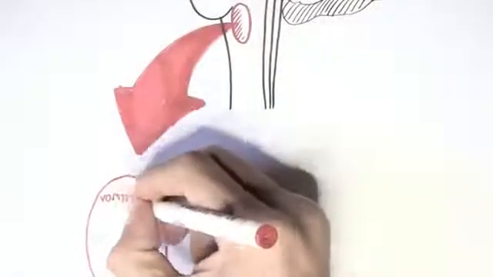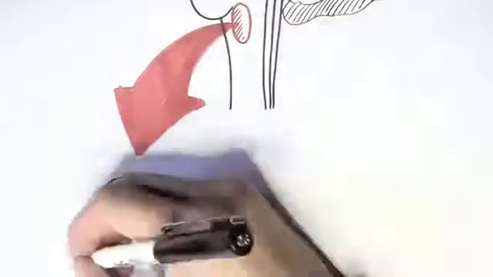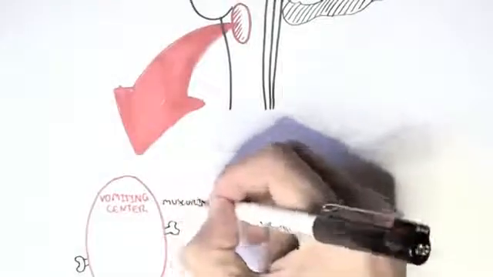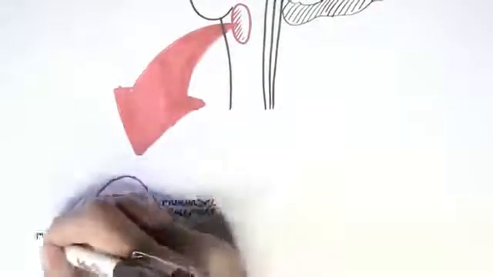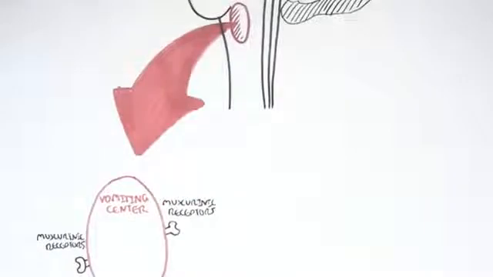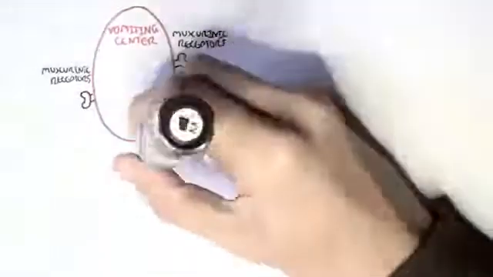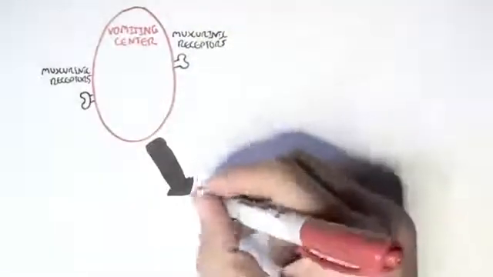The vomiting center is located in a reticular formation of the medulla oblongata. The vomiting center has predominantly muscarinic type receptors. And so activation of these receptors will activate the vomiting center to send signals to the muscles that carry out the physical act of vomiting.